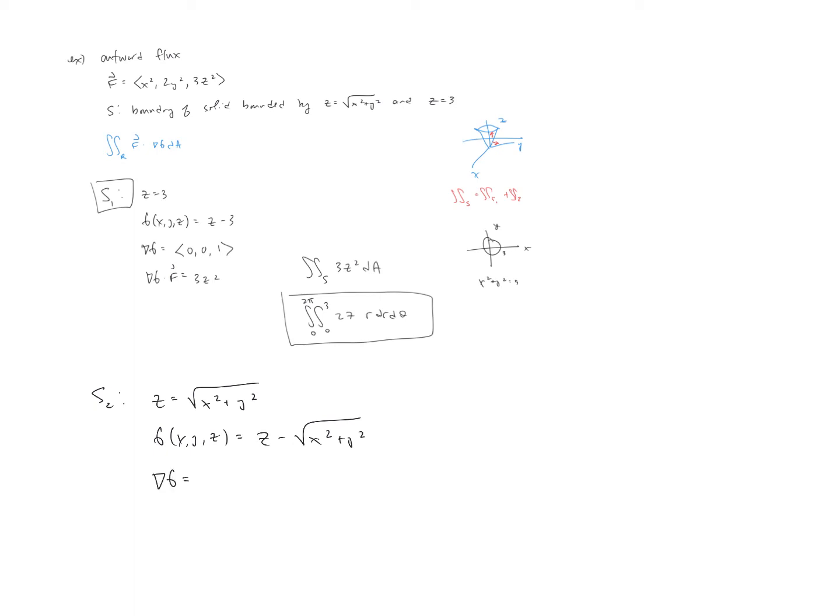So let's just go ahead and compute the gradient of g as is real quick. With respect to x, we would get a negative x over the square root of x squared plus y squared. For y, we'd get a negative y, very similar, over the square root of x squared plus y squared, and then we get that 1 for the z.